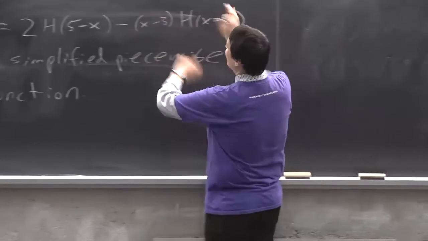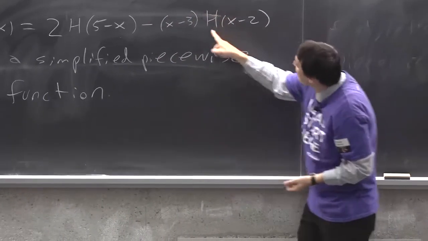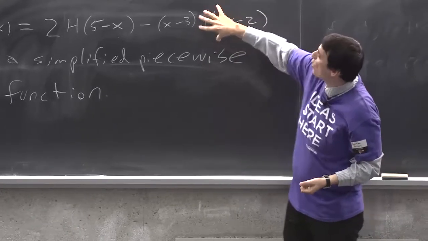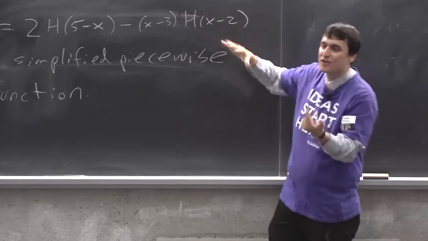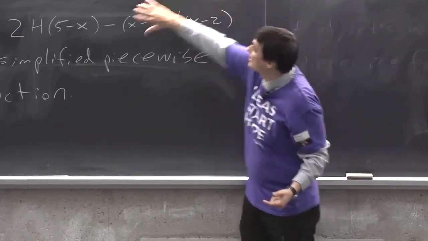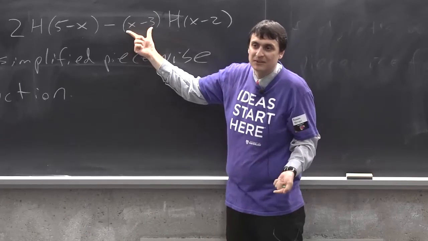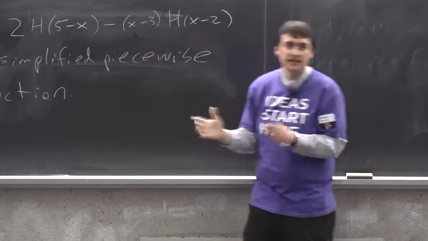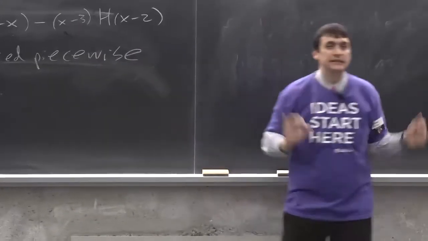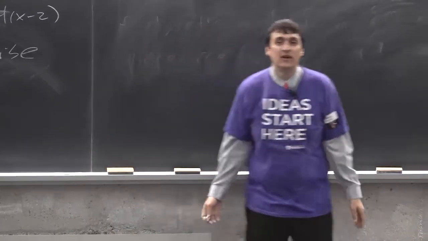And don't be distracted by the way the notation looks, like I've got to bracket this and then a capital H and then another bracket. H of x minus 2 is its own thing, right? You understand function notation. So h of stuff, that's this. And then over here, the x minus 3 is literally multiplying by the number x minus 3, okay? So just make sure you're understanding the order of the way stuff is written. Okay, so how do we express that as a simplified piecewise function?